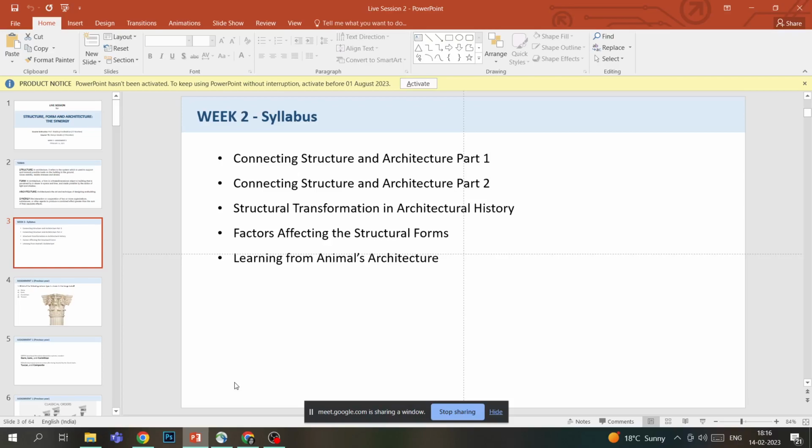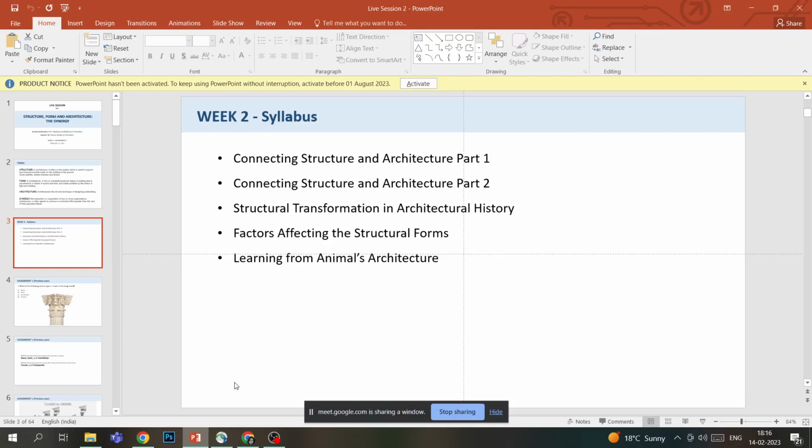Manpower includes the architects, the designers, the structural engineers, the MEP engineers, MEP meaning mechanical, electrical, and plumbing engineers, even the laborers, all the manpower. With better manpower, your design and your building will be better.